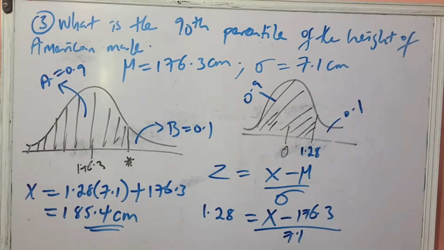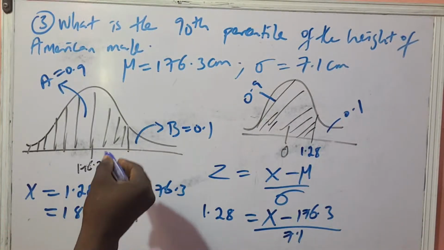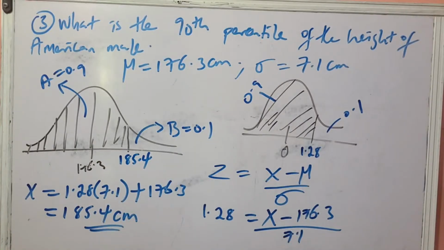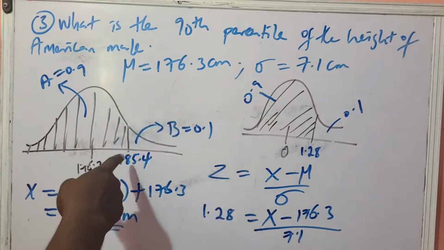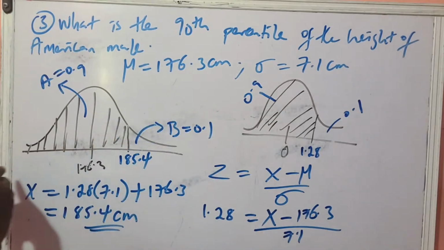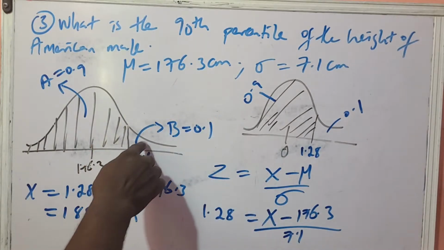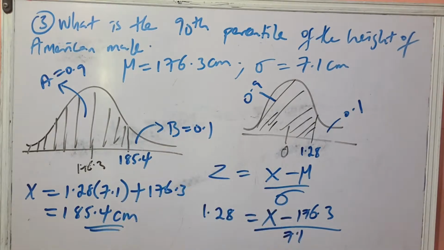So this place right here is 185.4. So we're saying 90% of American males had either this score or less than this score, which you can see right here. Which also means that 10% of people had higher than this score. That's just the meaning. It's that simple. You guys can see it's so simple.